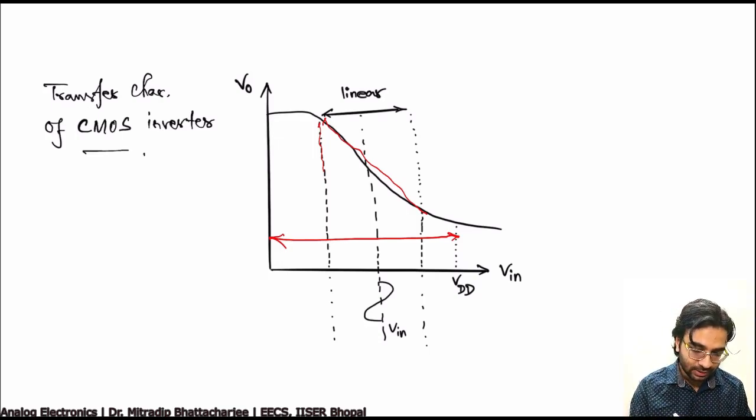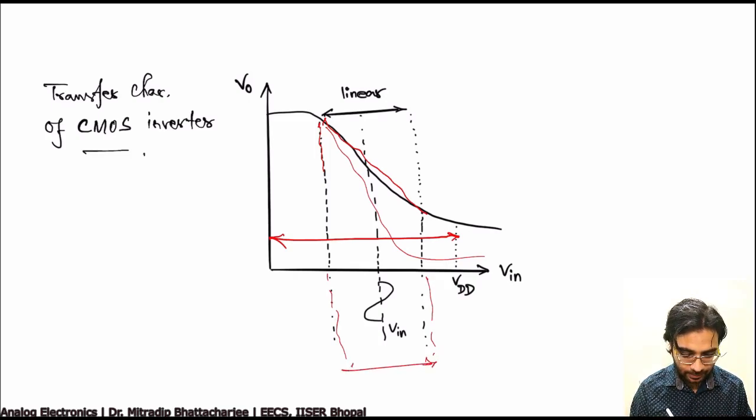So it might be a little steeper like this, but for the sake of understanding, I made it a little wider. Now you have to operate your circuit in the linear domain. It depends on the biasing.